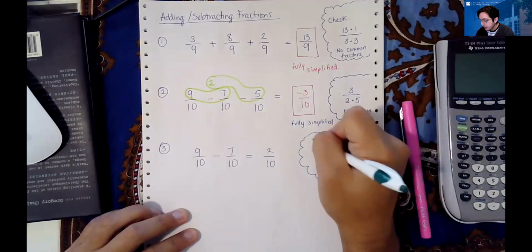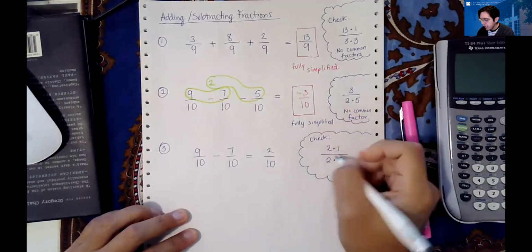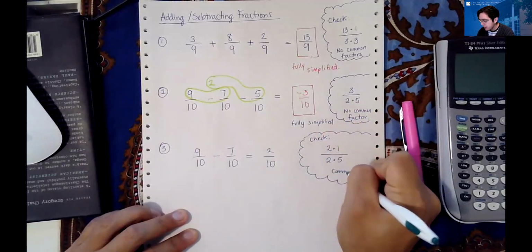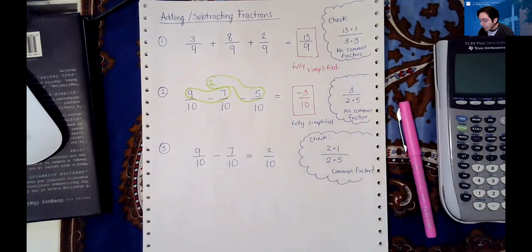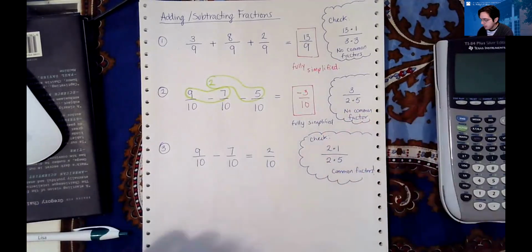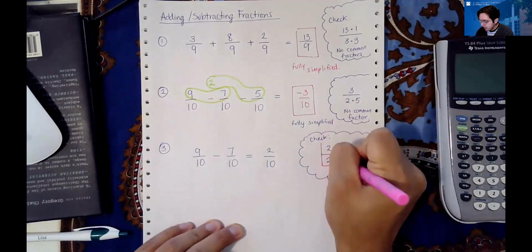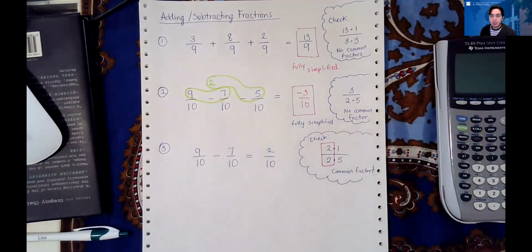Here, again, we're checking if we can simplify. Here we do have common factors. Okay, we have a 2 in the numerator and a 2 in the denominator. And if we think about our fraction as a division problem, 2 divided by 2 is 1.